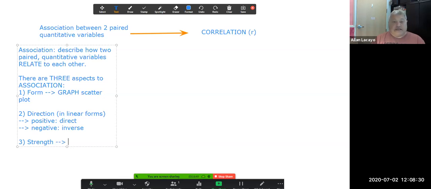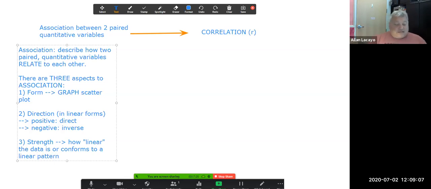It's about measuring how well the linear form is, how well a line depicts the actual trend and patterns seen in the data, how linear the data is or conforms to a linear pattern.